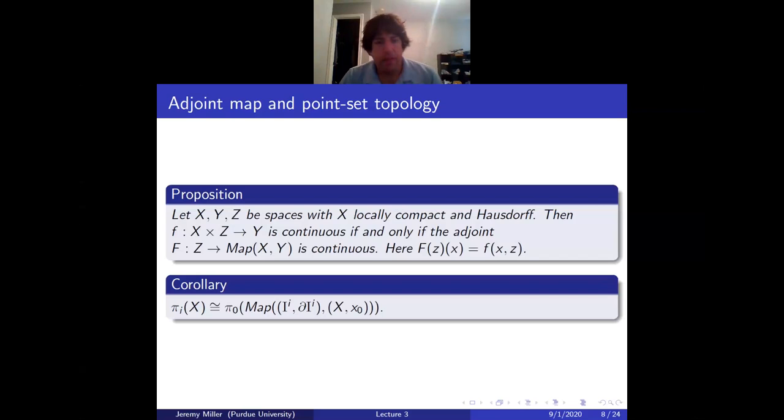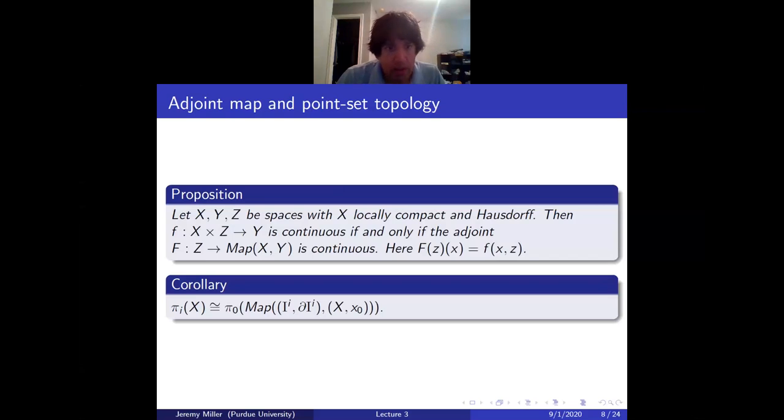Yeah. So the next comment is that you can think of modding out by homotopy as like topologizing your space of maps and just taking pi 0. So there's a proposition from point set topology that at least I covered when I did 571.